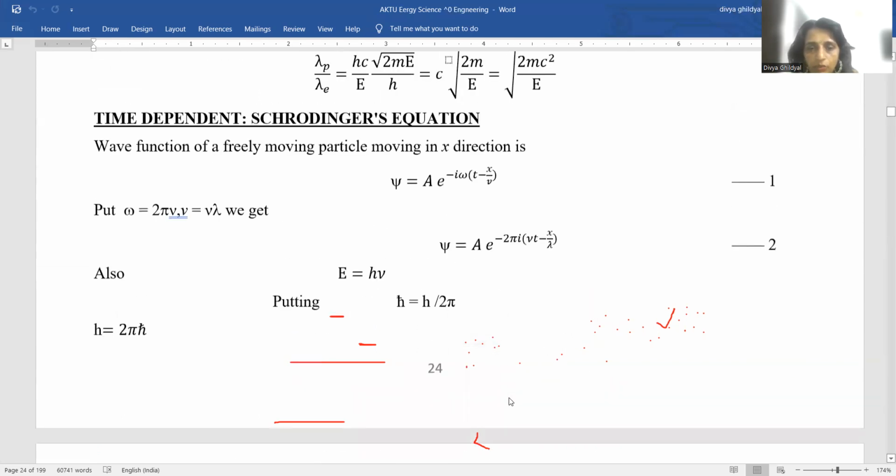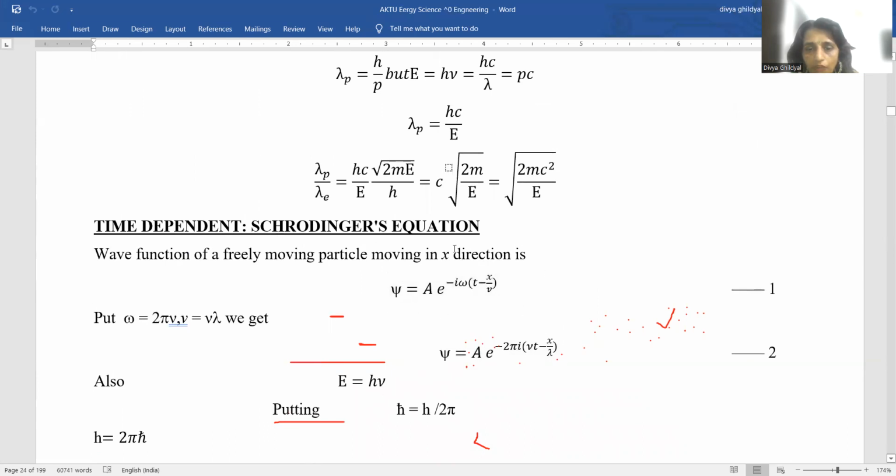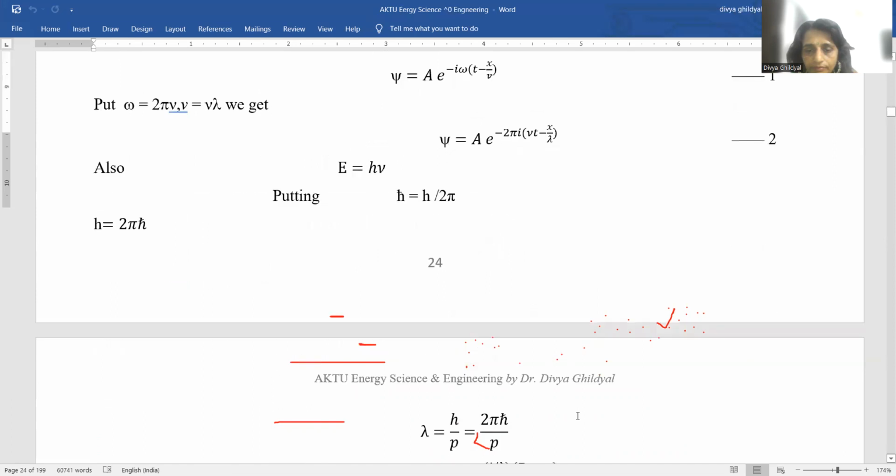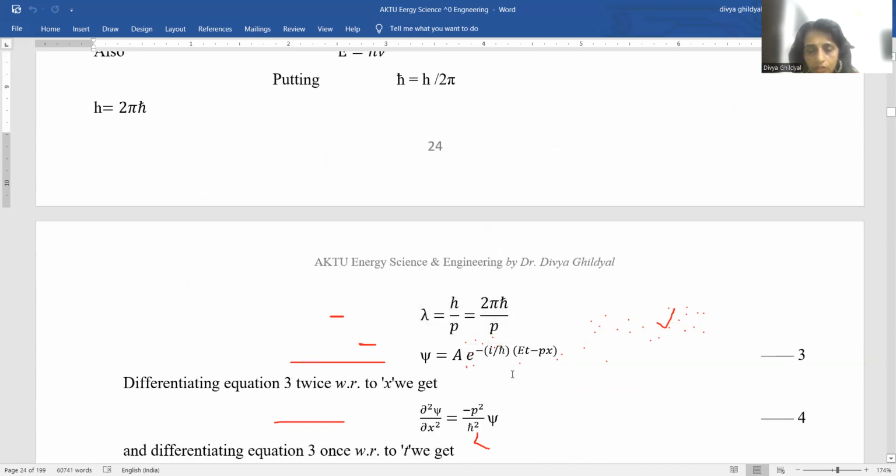Putting these values in my expression of wave equation here, I get wave function phi equal to A e to the power of minus i upon h bar into (Et minus px).